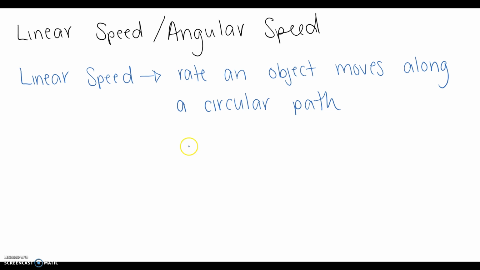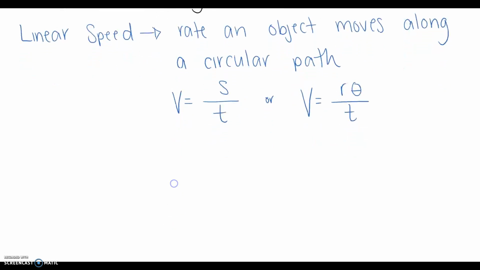This can be represented by v equaling s, or arc length, divided by t. We could also just say v equals, remember, arc length is the radius times theta, over time. So that's linear speed.